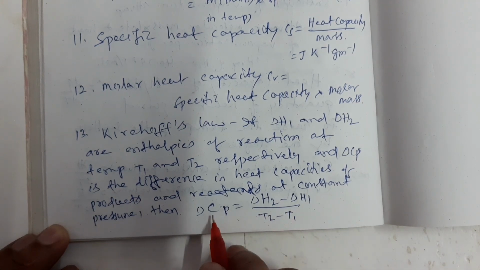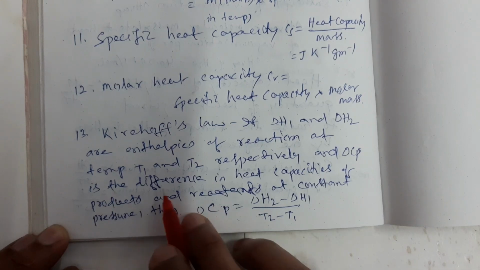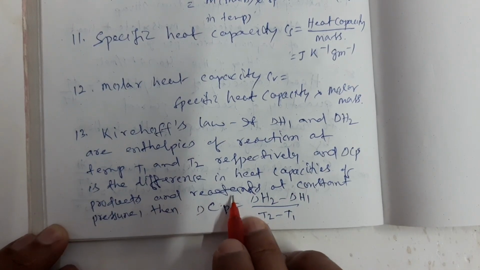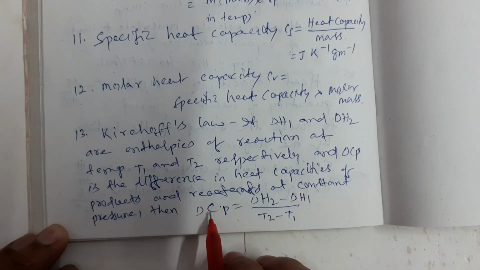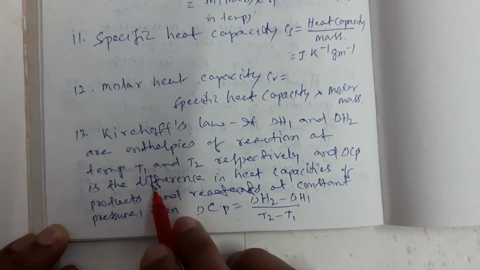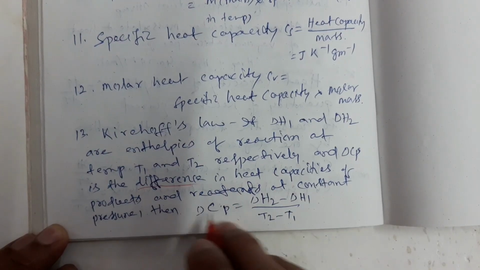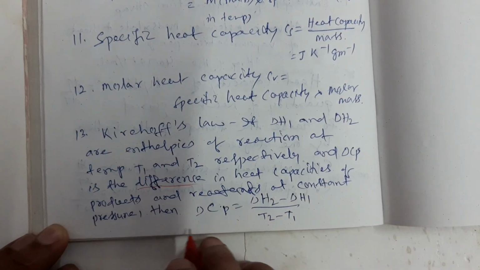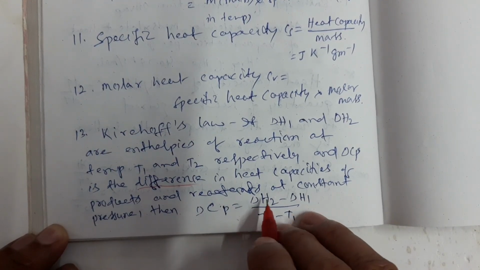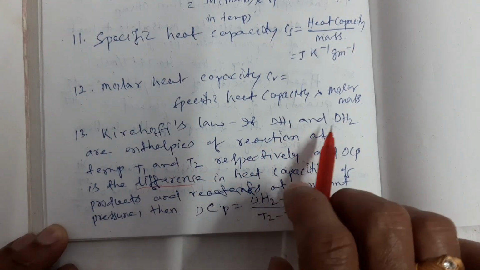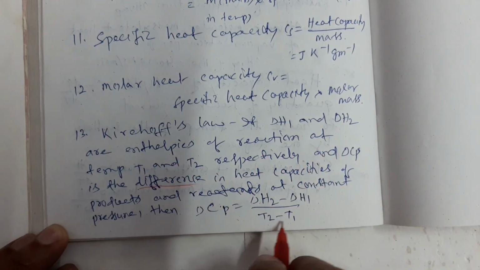Understand? What is delta Cp? The difference in heat capacity of products and reactants at constant pressure. This is asked, so you should not be confused. The relation has two different enthalpies and two different temperatures.